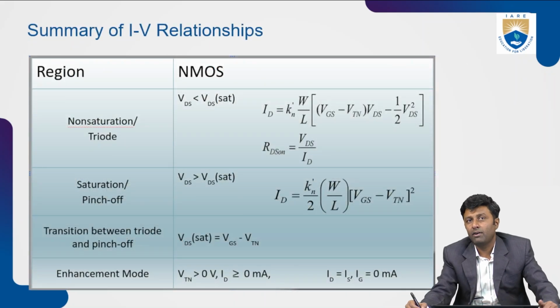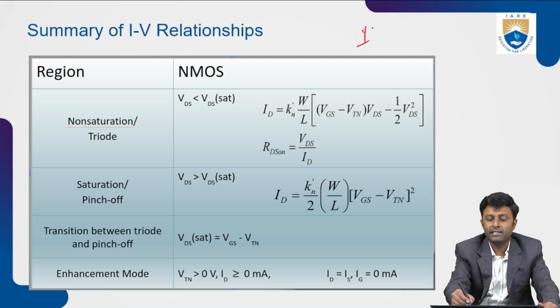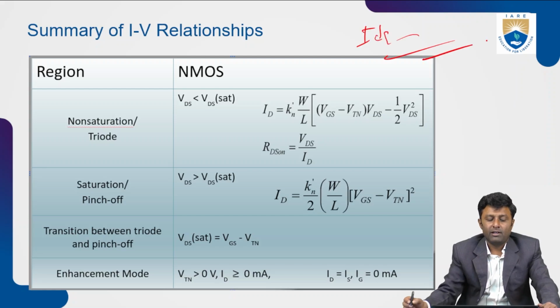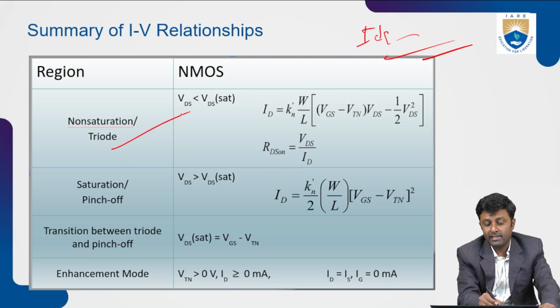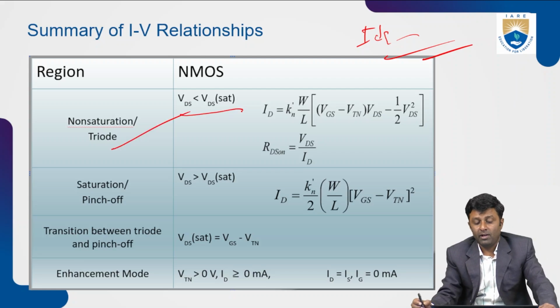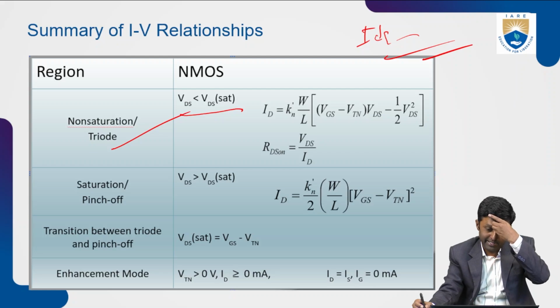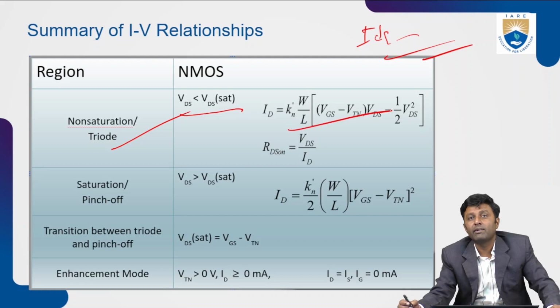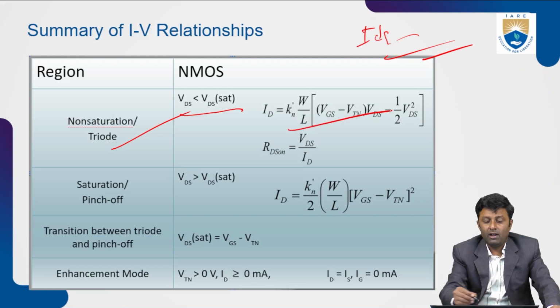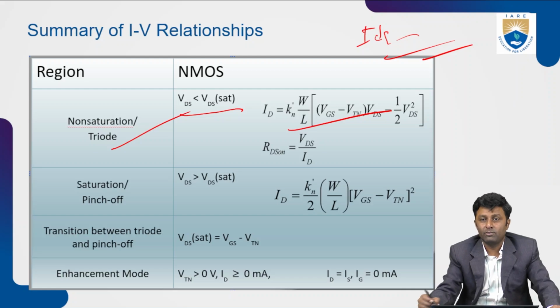This is the summary of the IDS versus VDS characteristics. In the non-saturation region, as I have already mentioned, VDS is less than VGS minus VT. We have to remember this equation: IDS equals K dash N W by L times (VGS minus VT) VDS minus VDS squared by 2.